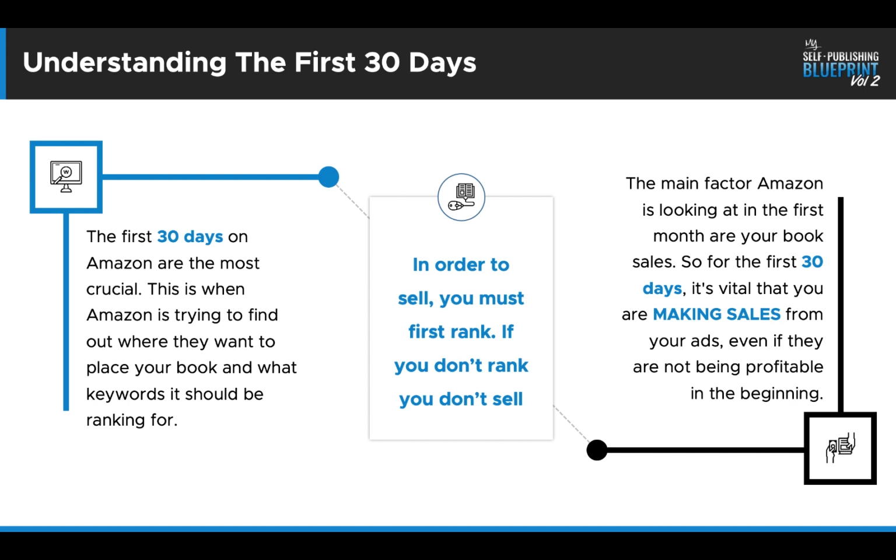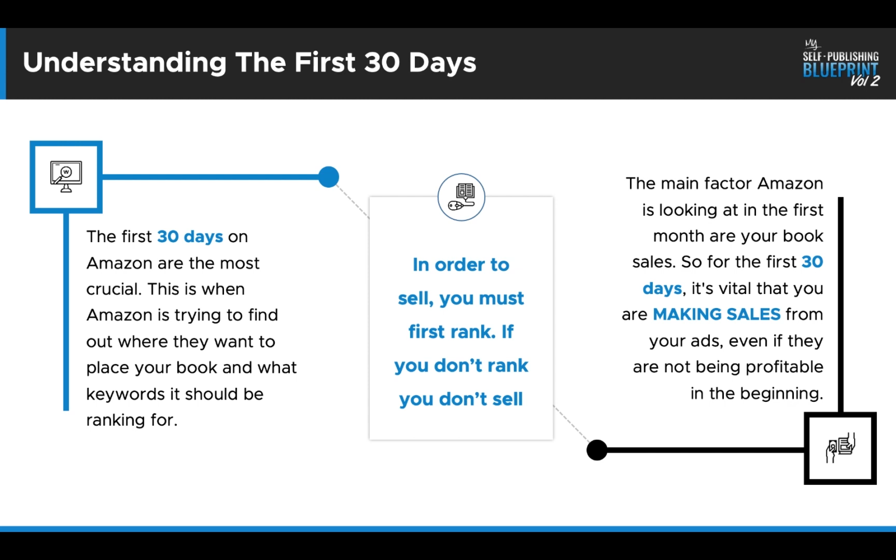And remember, the main factor Amazon is looking for in the first month is sales. So it's vital that for the first 30 days, your book is making sales. That's one of the reasons we start ads right away. In order to sell, you must first rank. If you don't rank, you don't sell, period.